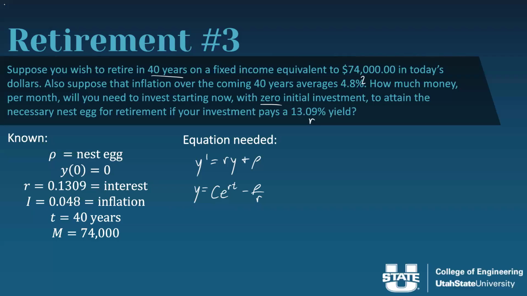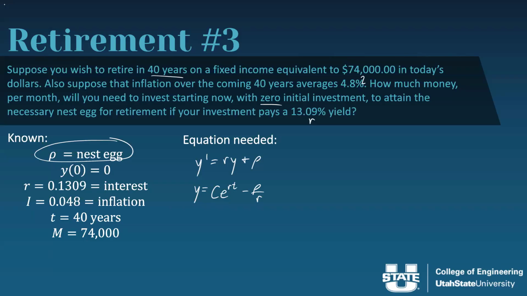And now we want to find c, but we don't know rho. What we're actually trying to solve for is rho, because remember, it's asking how much do you need to invest each month to get this nest egg? And we know from our last slides that rho is the amount that we invest each month to help build our account that's already growing with inflation. So we don't know rho.